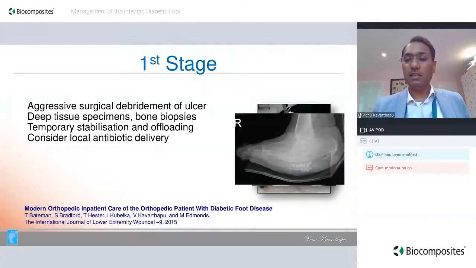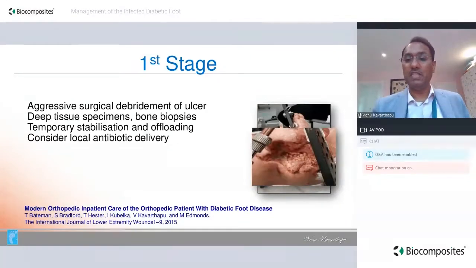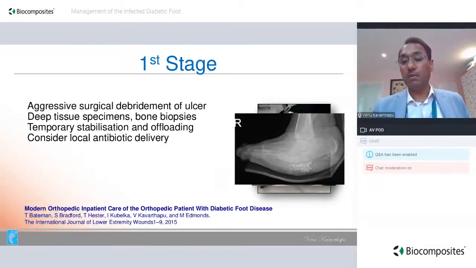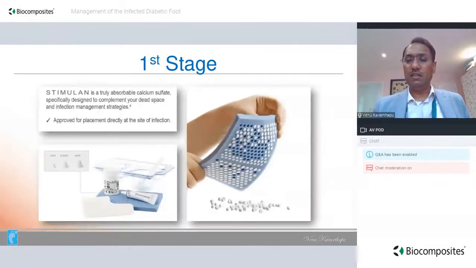And in this example, you can see this STIMULAN through the wound. And another example of debridement and application of STIMULAN, and the antibiotics chosen based on the bone biopsy specimen results. Many of you are probably aware of the way STIMULAN is prepared.